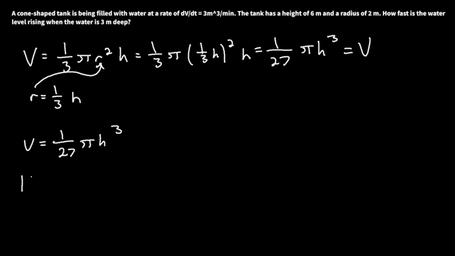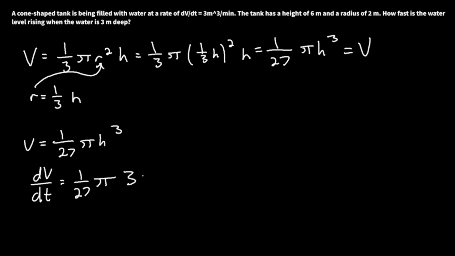we would find that the derivative of v is just 1. But remember, when you're multiplying a dependent variable, you have to multiply it by its derivative. So dv over dt times 1 is simply dv over dt, so we can erase the 1. And we get dv over dt, 1 over 27 pi times the derivative of h with respect to time.